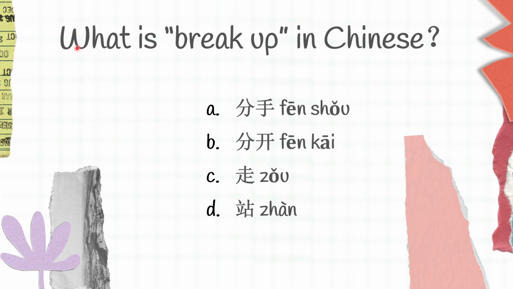Moving on to the next question, what is break up in Chinese? We have A, 分手, B, 分开, C, 走, and D, 站.